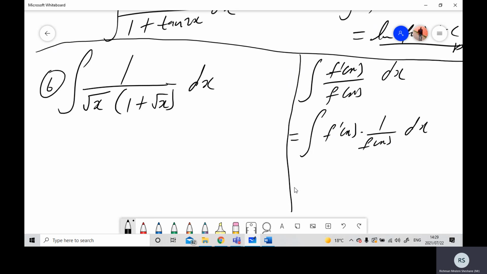The standard form is ln of f of x plus c.